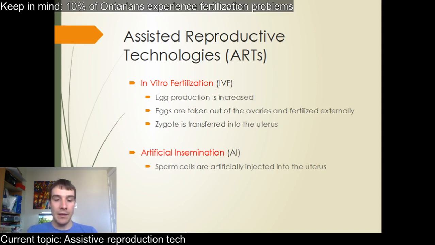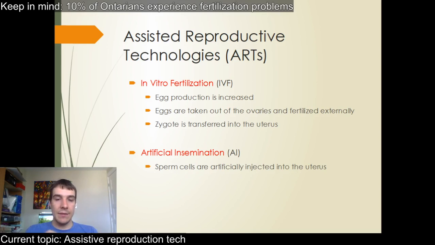They will fertilize it, grow it for a little bit to make sure that it's developing okay, and then they'll put it back in the mom, in the uterus, and it'll implant like a normal zygote and have a placenta and a belly button and all that stuff. This isn't like cloning or anything. It's just taking the normal reproductive stuff, the sperm meeting the egg, and just doing it outside.